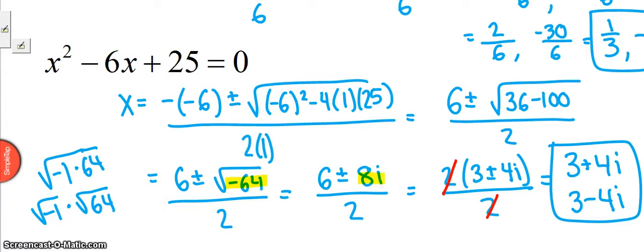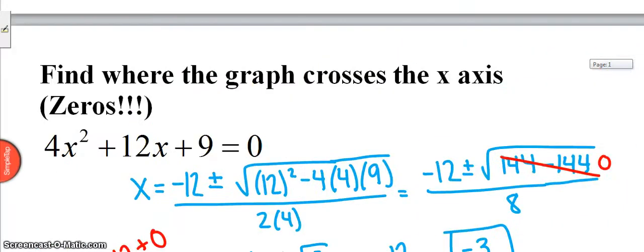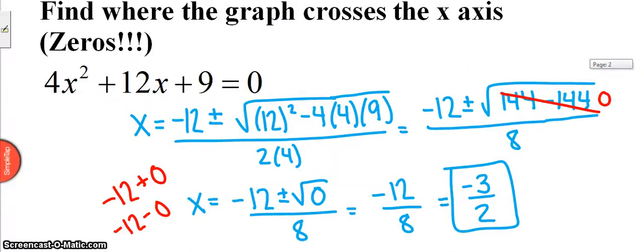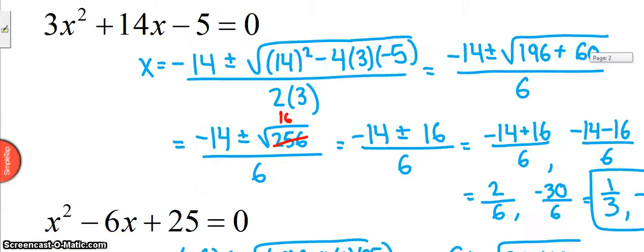Then I simplified some more by pulling out a greatest common factor, canceling out the 2's, and I get two solutions. One is 3 plus 4i, one is 3 minus 4i. They're both imaginary. Kind of similar, right? So with all that said, the point of this was to examine what kind of solutions you may get from different quadratics. This particular quadratic gave you one real solution.